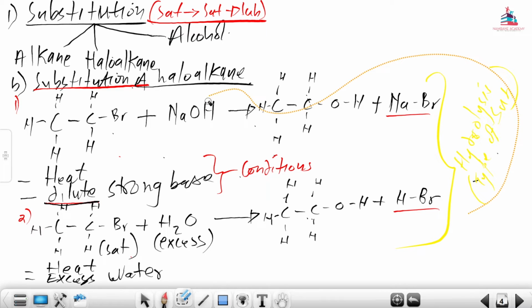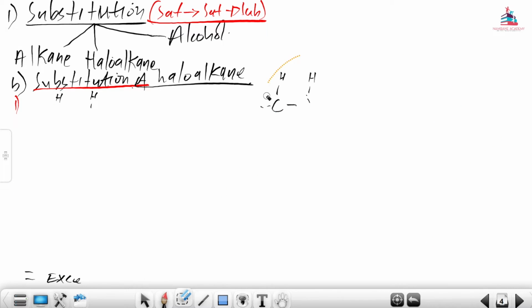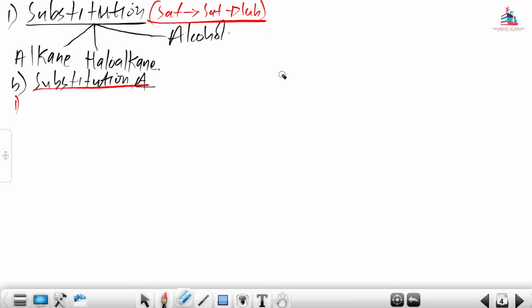So let's make space so that we now look at substitution of an alcohol.